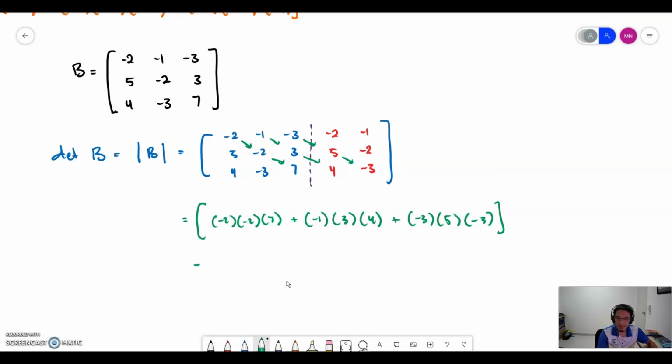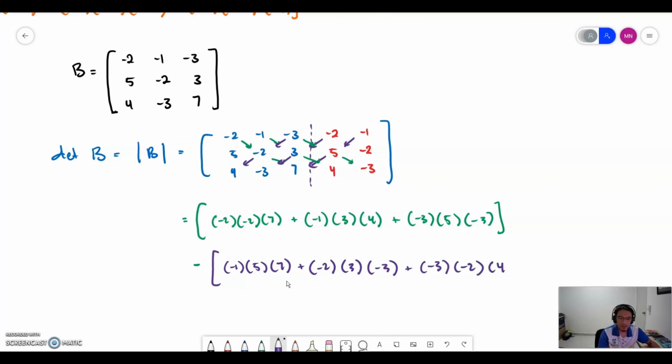Minus the diagonal to the left side: negative 1, 5, and 7, plus negative 2, 3, and negative 3, plus negative 3, negative 2, and 4.